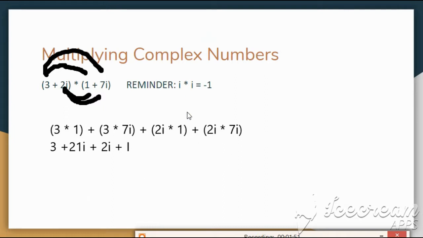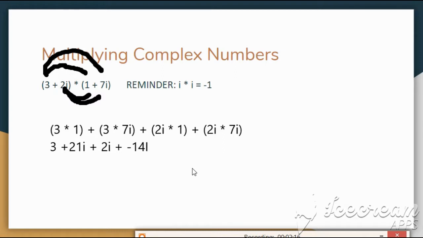Now, remember that an i times an i will give us a -1, so if we multiply the i and the i separately, we'll get -1, and then we multiply that -1 with the terms in front of it, so we would multiply 2 times 7, so that's 14. 14 times -1, that's going to give us -14, so that's the answer to that.